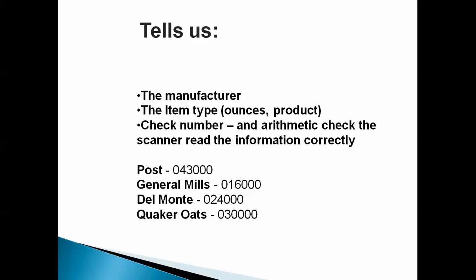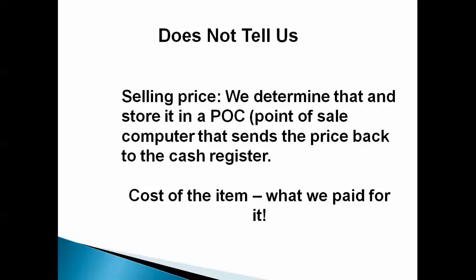They'll check the number to make sure that the scanner is reading the information correctly. Here is some of the information concerning these different companies, some of the product codes and UPC codes. But what the barcodes do not tell us is the selling price.